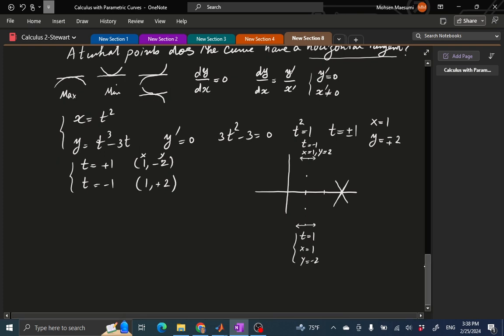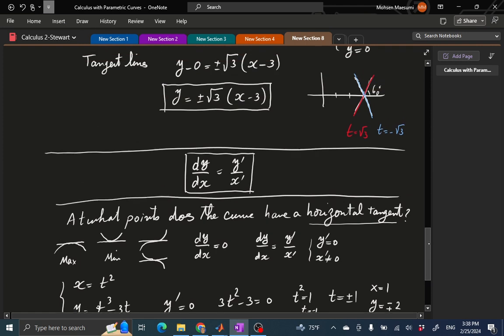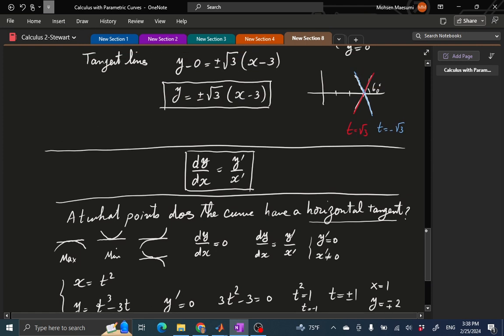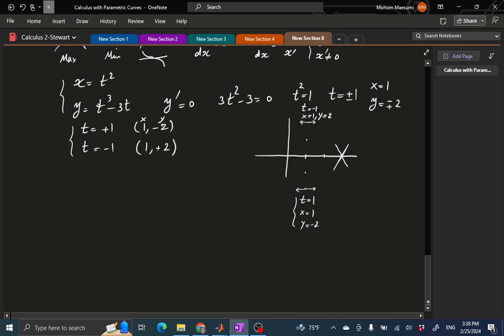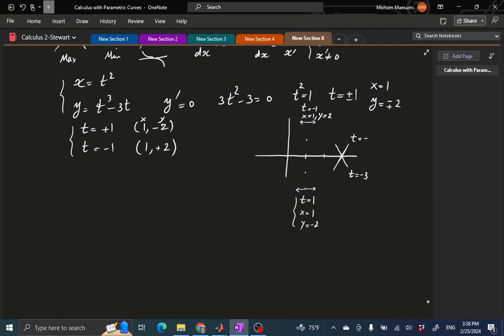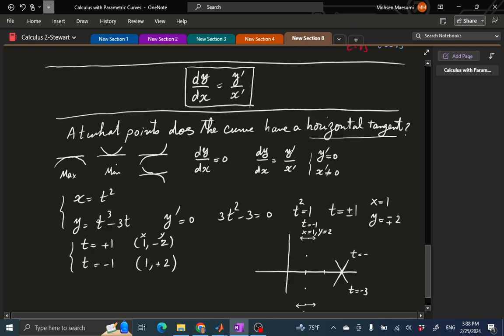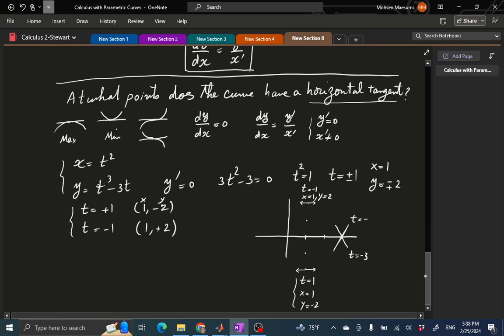And also you remember that the blue one going this direction was at t equal to minus 3. So t was minus radical 3, is that right? t is equal to minus radical 3, and t is equal to plus radical 3.